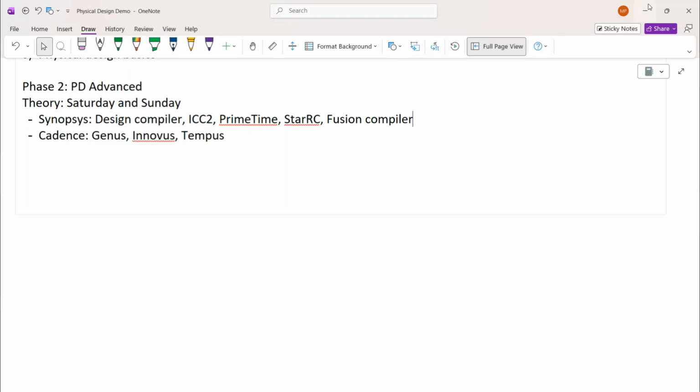And here we do not directly give you the scripts. I have heard that in many places scripts are given, you just source it, you make some changes, you source it, and your floor plan, your placement, everything will be done. We are not doing that here.